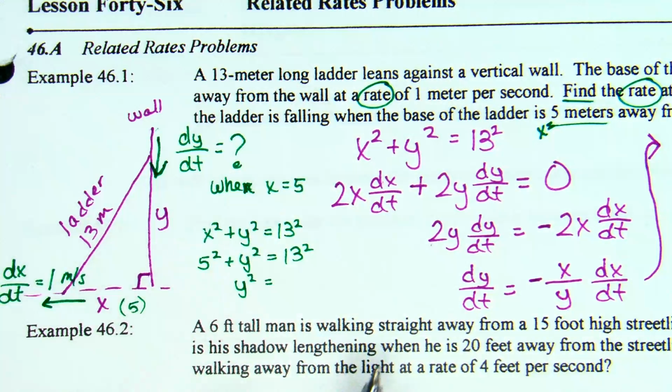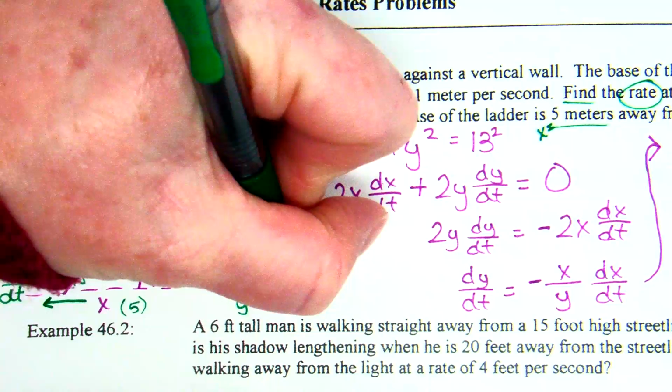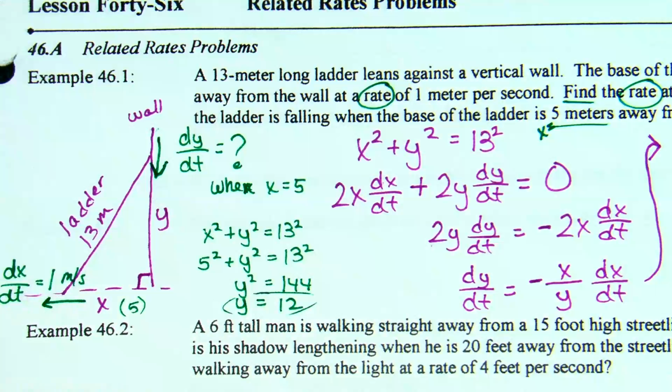So 13 squared, which is 169, minus 5 squared, which is 25. 169 minus 25 is 144. If y squared is 144, then y is 12. Now, do we have a y value? Okay, so you may have to find values at times.